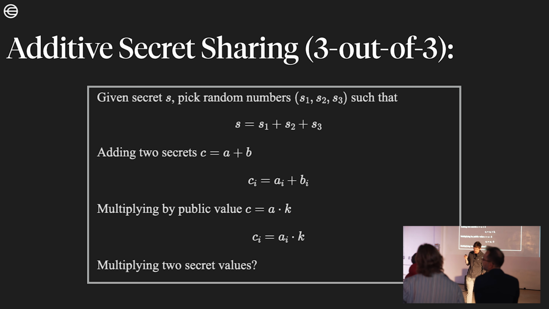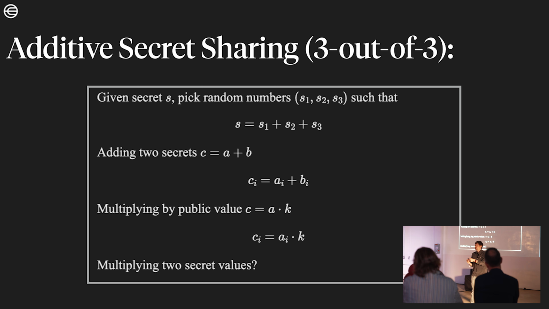But we want to do computations on these secret shares without anyone needing to combine them. What can we do? Well, if we have 2 secrets, and all the participants have 1 share of each secret, we can actually compute the sum already. We simply have each participant add the two shares together.